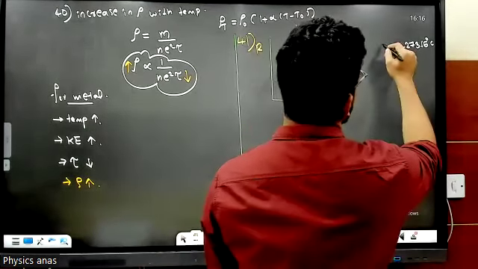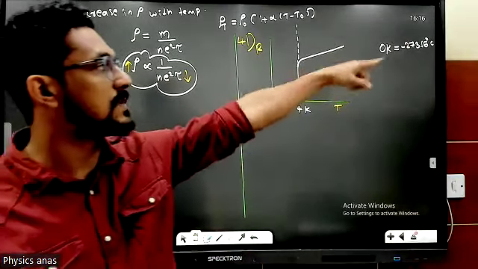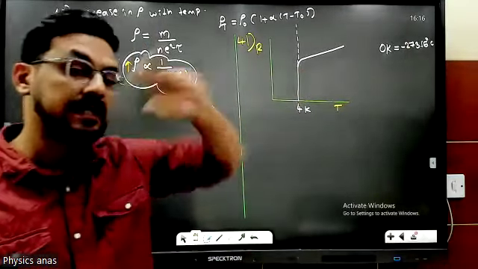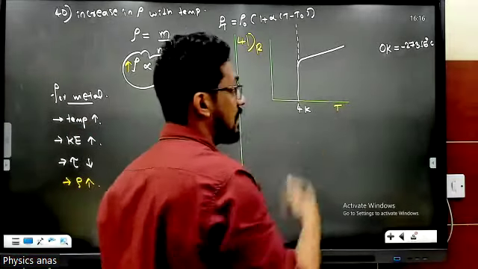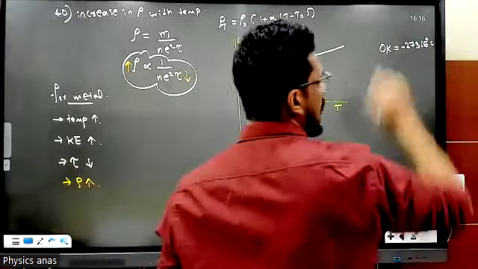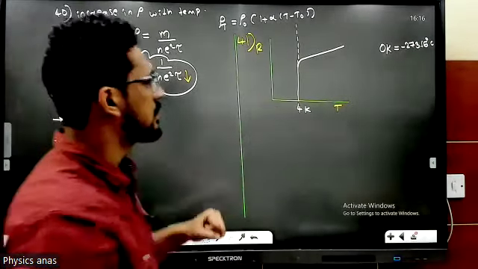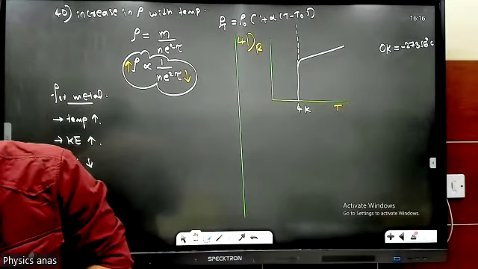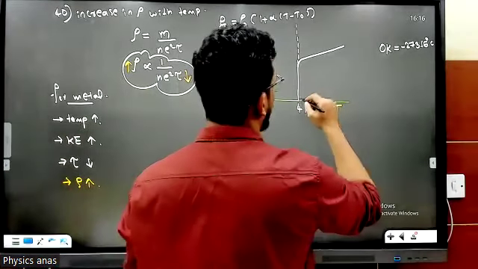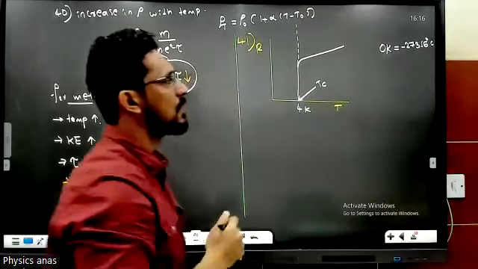This is 0 Kelvin. 0 Kelvin will be minus 273.15 degrees Celsius. And 4 Kelvin will be a very low temperature, greater than this, but low. At a very low temperature, this is the plot for Hg. This is Tc.